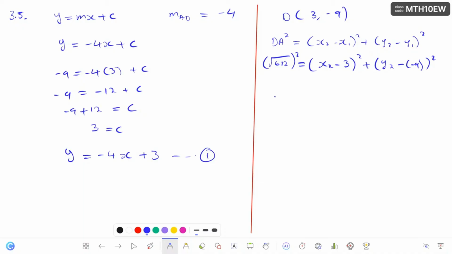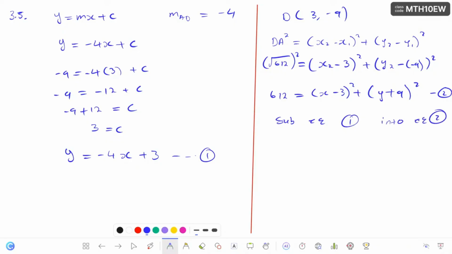So simplifying this is going to give us 612 is equal to x minus 3 squared plus y plus 9 squared. So this is equation 2.